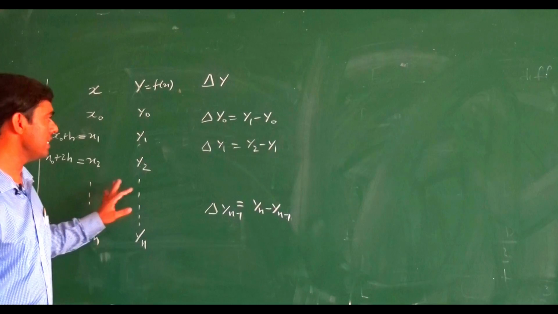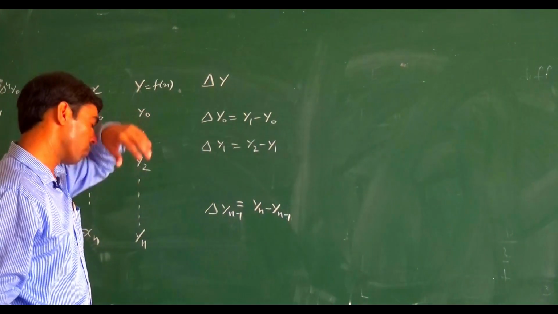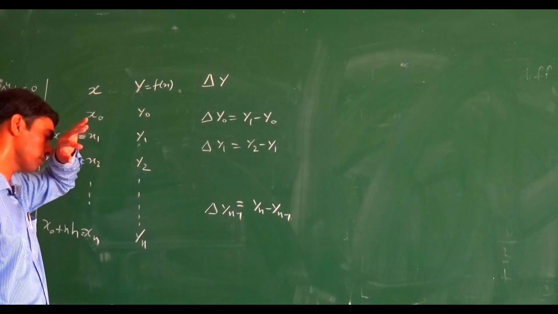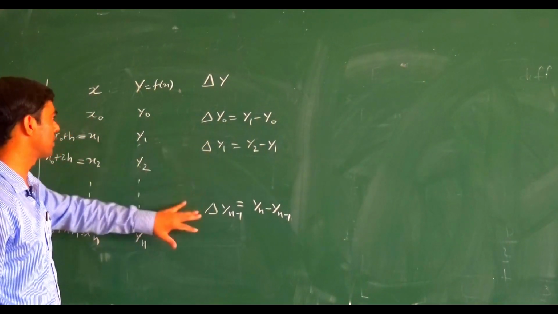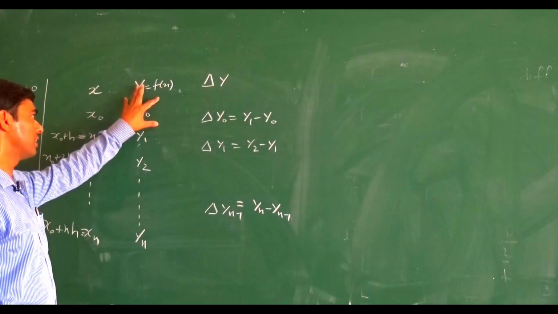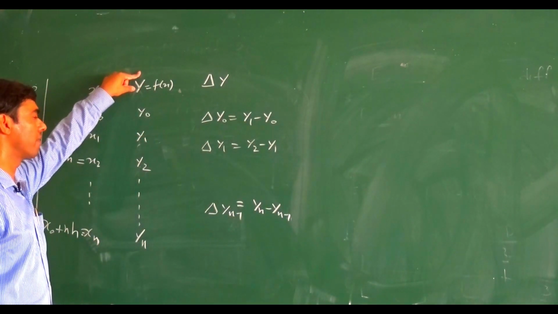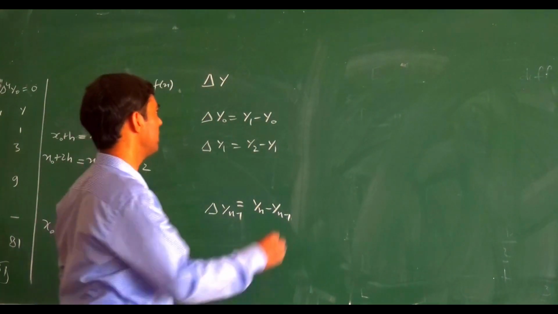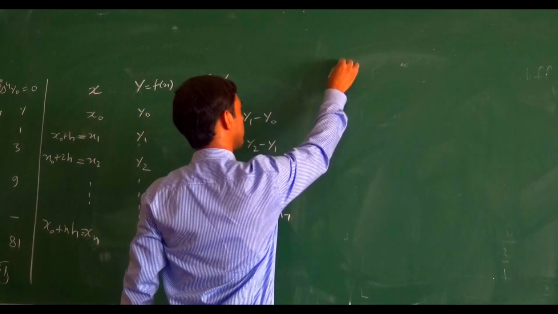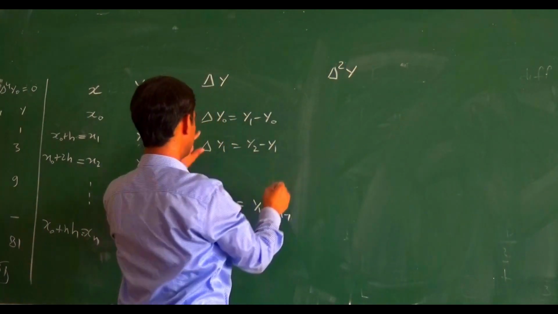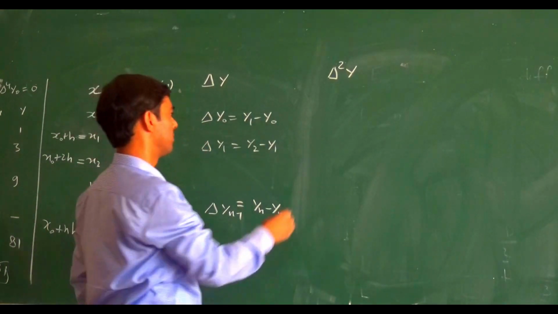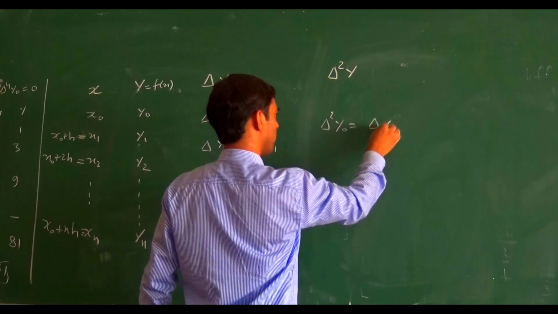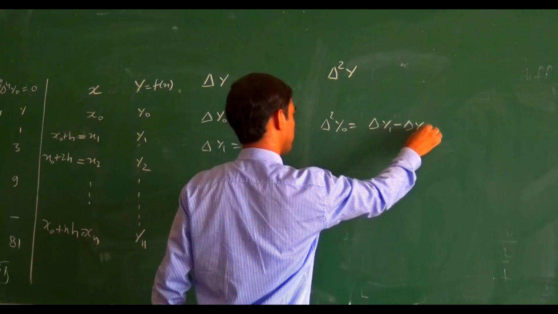In each order there is one less number of terms than the previous order. This one is called the 0th order, the 0th order forward difference, and this one is the first order. Similarly, if we define the second order, del 2 y0 is del y1 minus del y0.